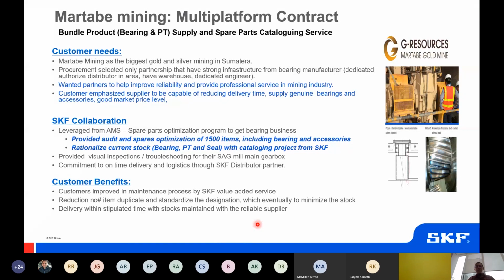This is a collaboration between SKF, our distributor and the company. They provided the commitment to give the whole procurement of bearings to SKF, and as a complement, as a service, we provide this service for this mining company.